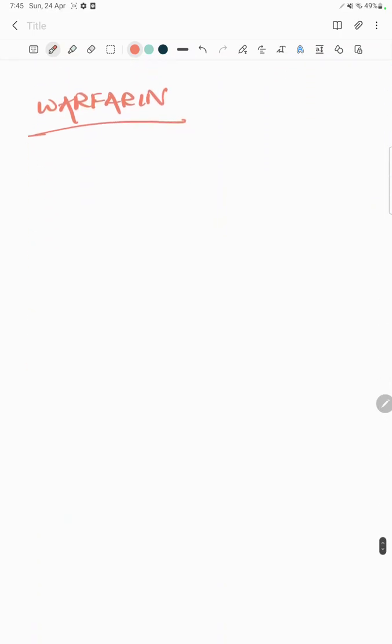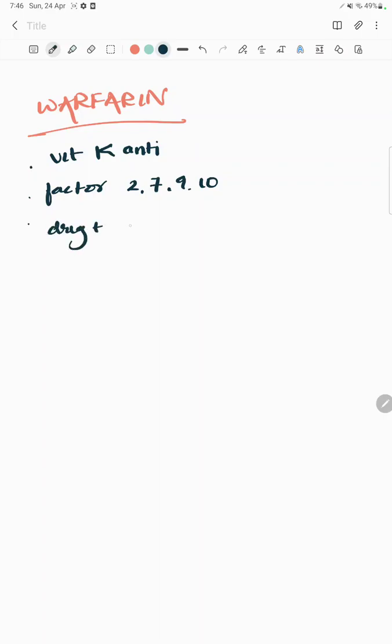Coming to Warfarin. Warfarin, as I've already told you, is a vitamin K antagonist, and it deals with factor 2, 7, 9, and 10. It is a very cheap and most commonly used drug, but it comes with its disadvantages also, because it has a lot of drug plus food interactions.